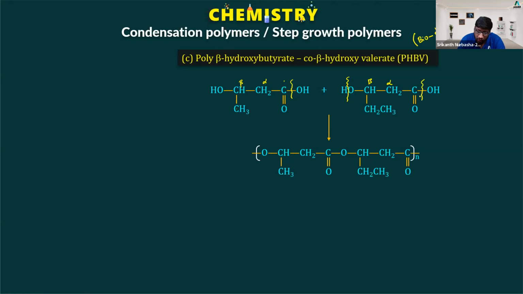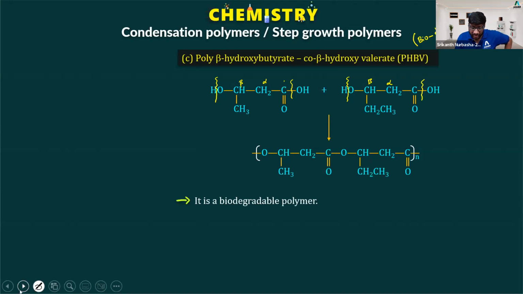Same here, the CO bond is cleaved, and here the OH bond is cleaved. So you have the C double bond O of the carboxylic acid connecting with the oxygen, because this CO bond and this OH bond have been cleaved, and you see the loss of H2O. So ultimately what will we generate? Loss of 2 H2O occurred whenever two molecules reacted, and we get O, CH3, CH2, C double bond O, CH, CH2, CH3, CH2, C double bond O taken n times.